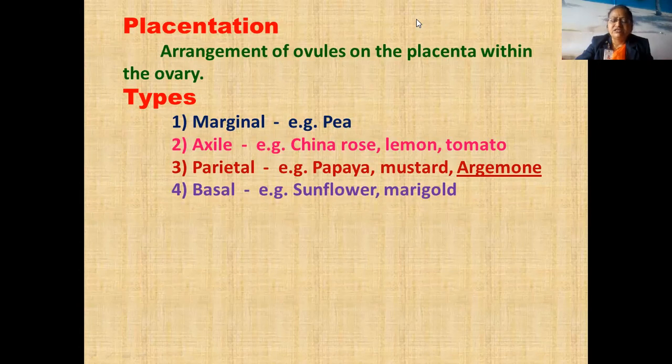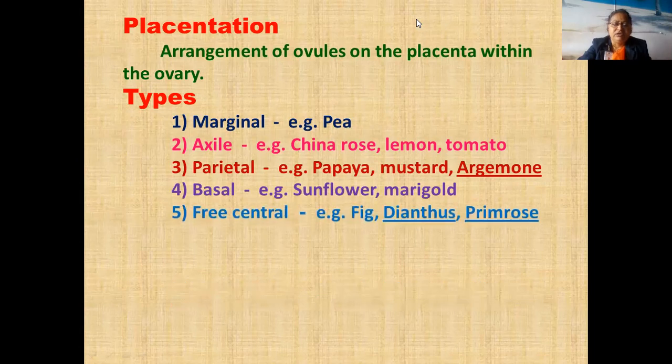Then fourth, basal placentation. Here a single ovule is present. In sunflower there is only one ovule. In marigold too, a single ovule is present at the base of a unilocular inferior ovary. Example, sunflower, marigold. Then free central placentation.